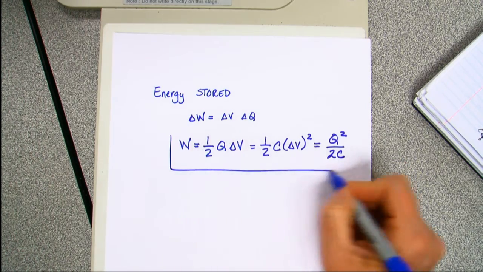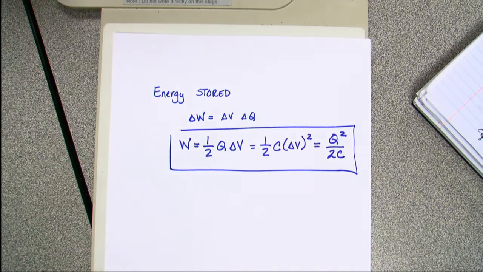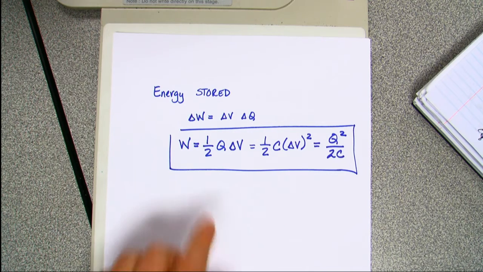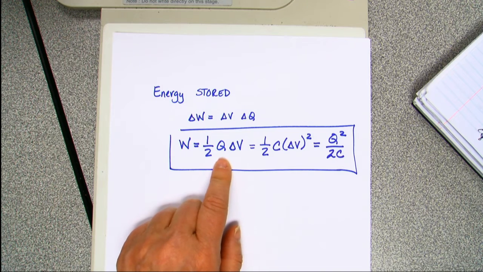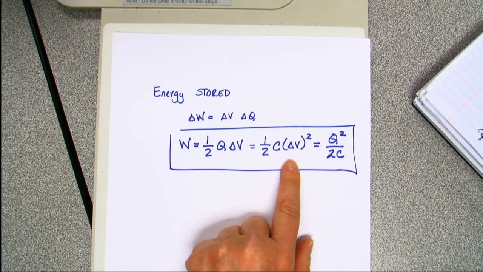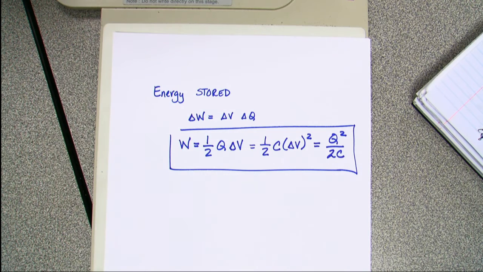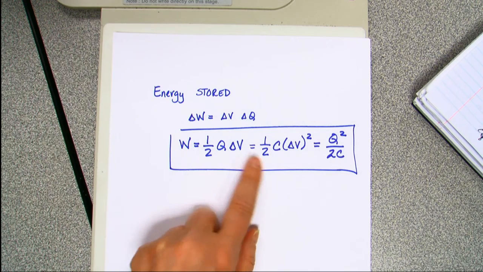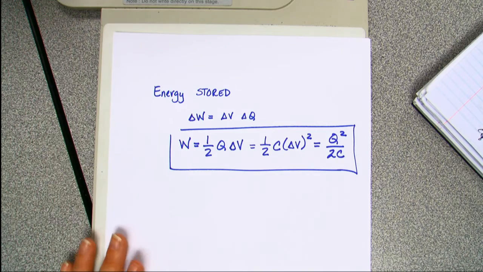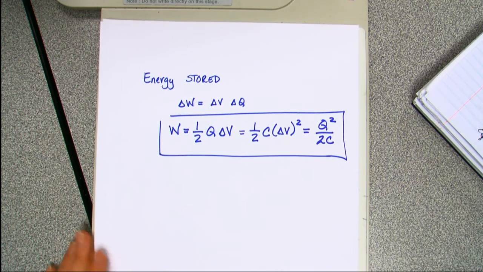Which form you use depends on what the question asks. If they give you charge and potential, use the first one. If they give you capacitance and potential, use the second. If they give you charge and capacitance, use the third. And if they give you the energy, you can figure out the charge if they give you one of the other variables. So that's our energy stored.